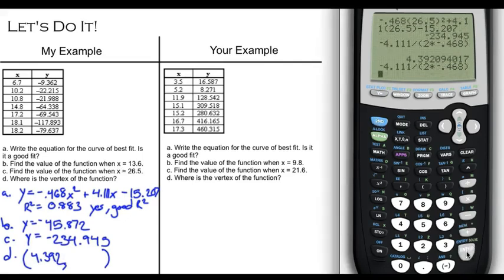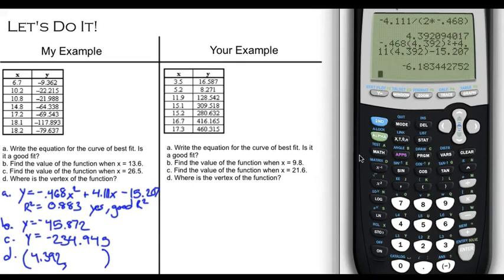So if I press second enter twice, it'll give me my original substitution back, and I can just put in 4.39, and now I need to insert my 2, and again 4.39 with that 2, and I find that the y value of the vertex would be negative 6.183. And there we go.